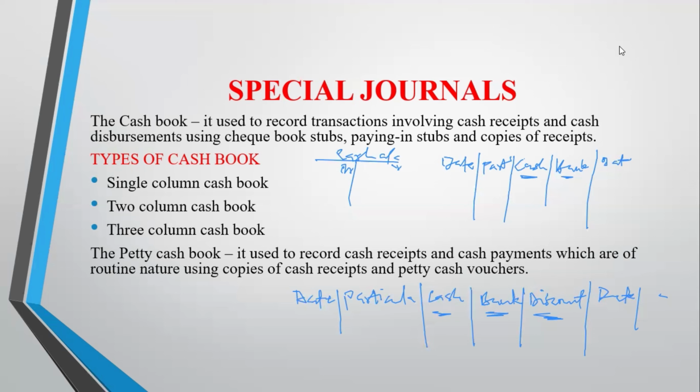That amount is given from the main cashier or the accountant to the petty cashier, and it is used for small and non-recurring expenses of the business.